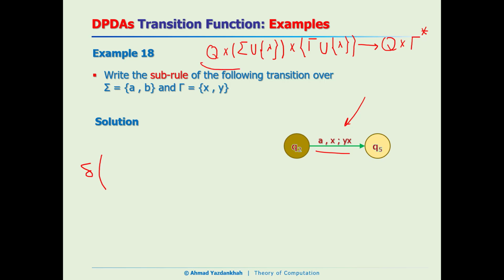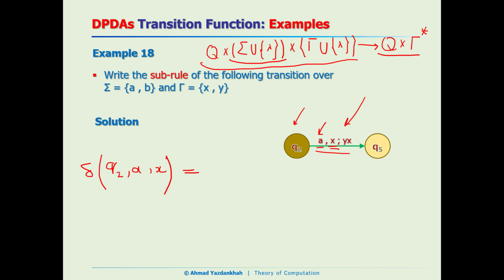In the domain side, we have a three-tuple. One is Q, which is the starting state of the transition. Then we have the input symbol coming from here, and it will be A. And also we have the top of the stack, coming from here. So it is the delta of Q2 comma A comma X, then equal to what?